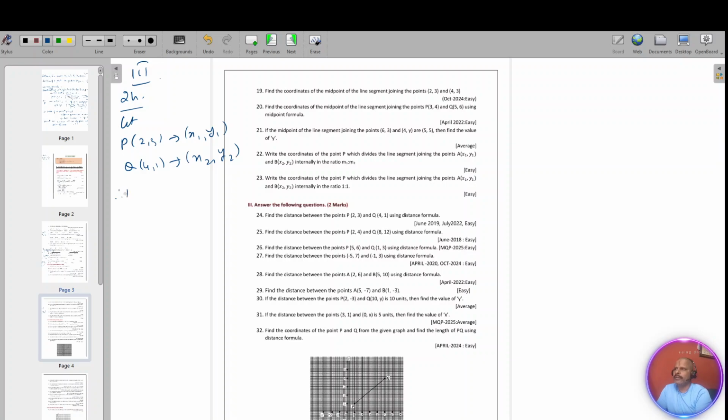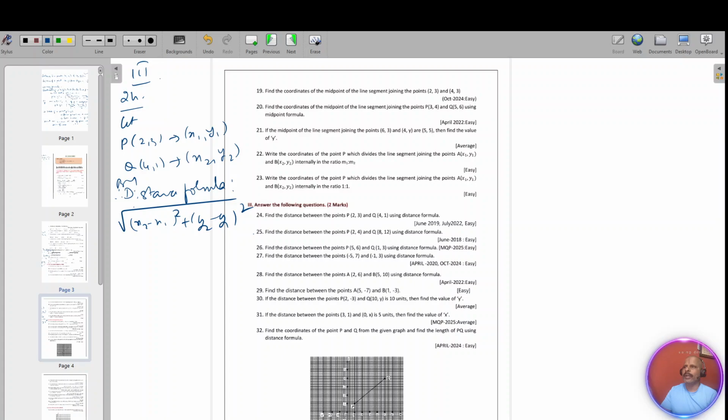By the distance formula, the distance is square root of x2 minus x1 whole square plus y2 minus y1 whole square.